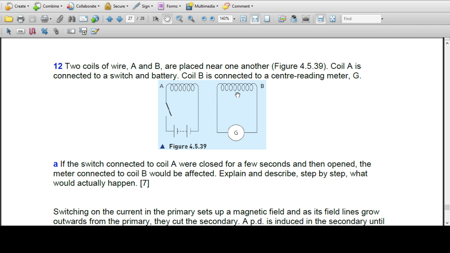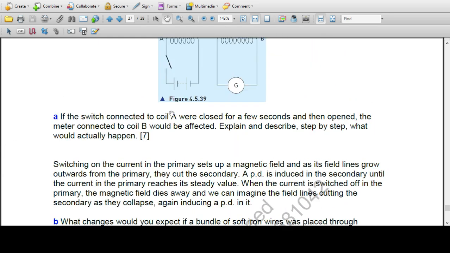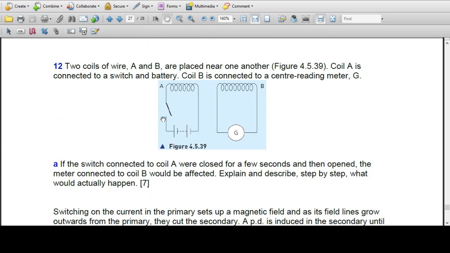As a result, the effect will appear here, and afterwards, when the switch is closed for a longer duration, no EMF will be induced. Similarly, when we open the switch, the same phenomenon will appear with a negative or opposite direction deflection, nothing else. When we keep it closed or open for a longer duration, no EMF or no deflection will appear.